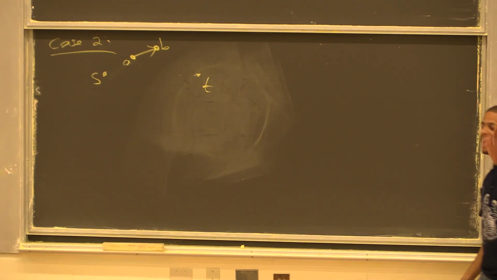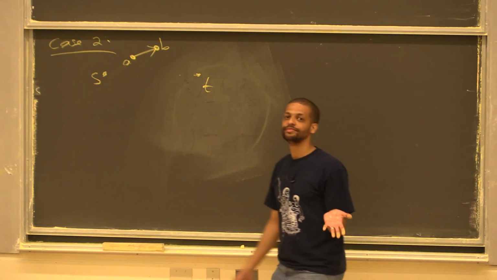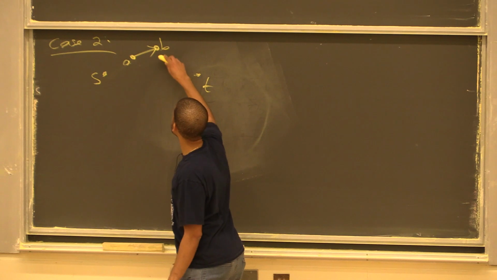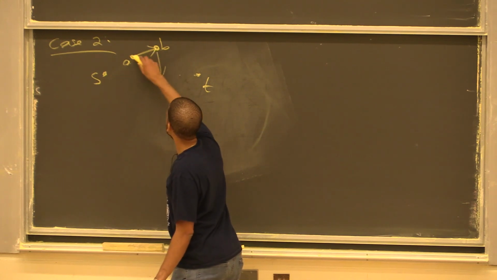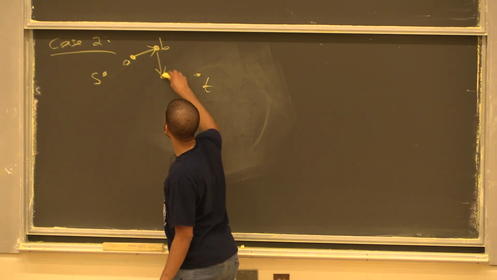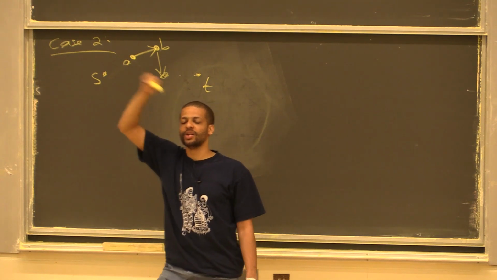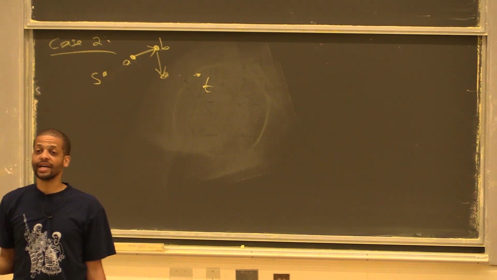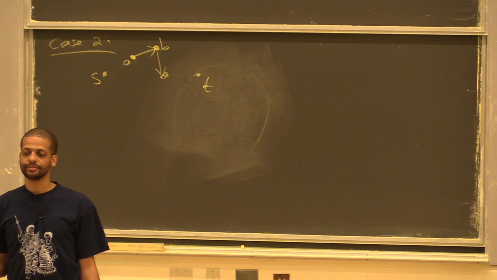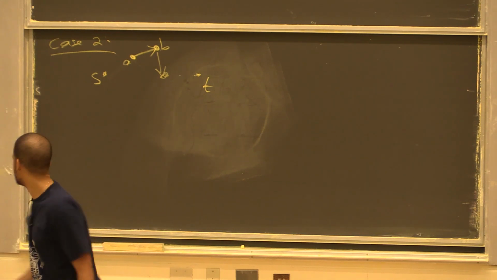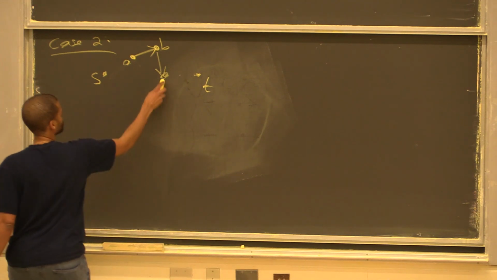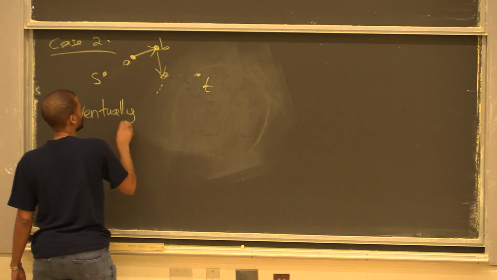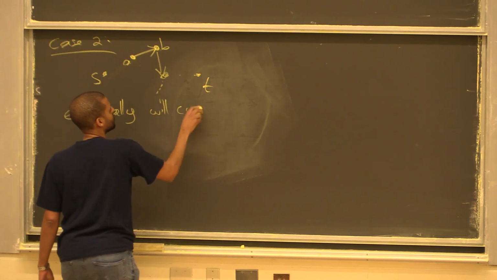But what do I know? Again, I have conservation of flow, right? Which means that if there's flow coming into B, there must be flow going out of B. And then whatever this is, if there's flow going into that, there must be flow going out. So I can just keep following this path, and eventually, I cannot get stuck. Eventually, I have to hit a cycle, right? Because of conservation of flow. Eventually we'll cycle.